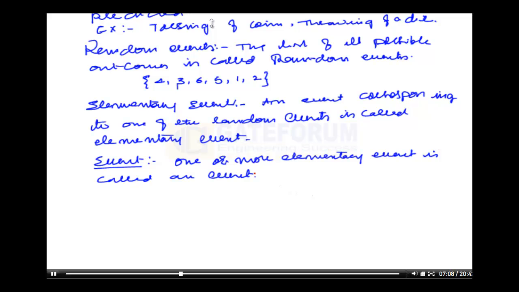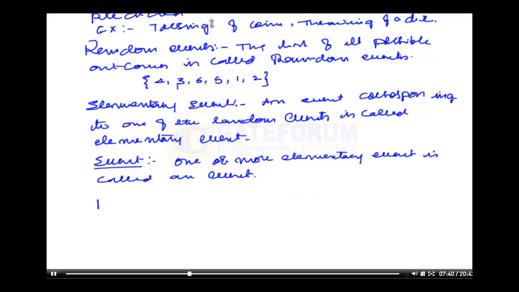Each one is called an elementary event. But the set of all prime numbers is an event. When you calculate a probability, we take a set of favorable events. That set of events is an event of prime number. So an event may contain one or more elementary events. So we learnt random experiment, random events, elementary events, event.